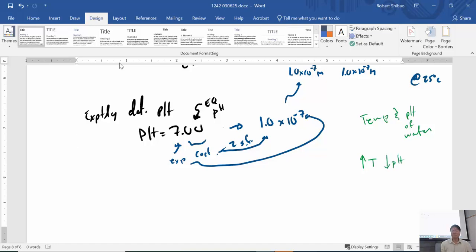And that means Kw will change too. Kw goes down. If we decrease the temperature, the pH goes up, and the Kw goes up here. So that means that water is pH 7 only at 25 degrees C. At other temperatures, the pH changes.